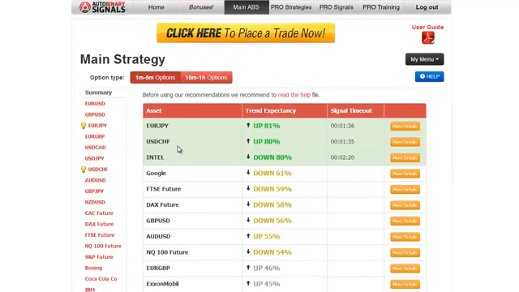So the more brokers you have, the more probabilities to trade all the signals that you want. All right, so I think I made the point very clear, and that's why I suggest, as Roger told me, to open multiple broker accounts.